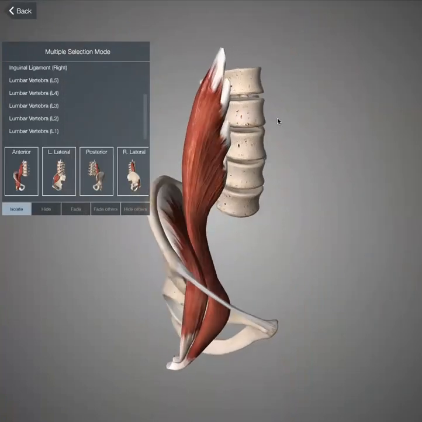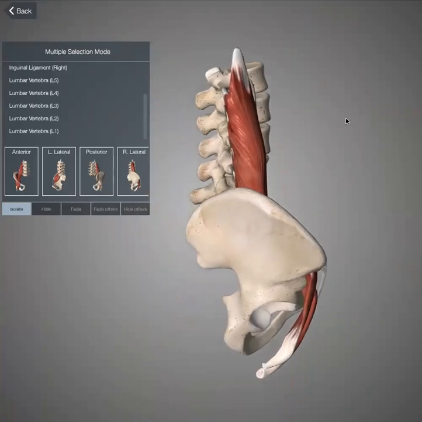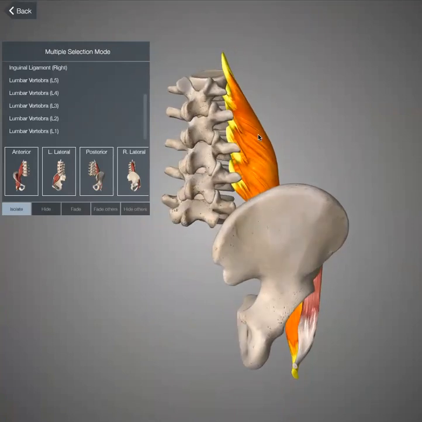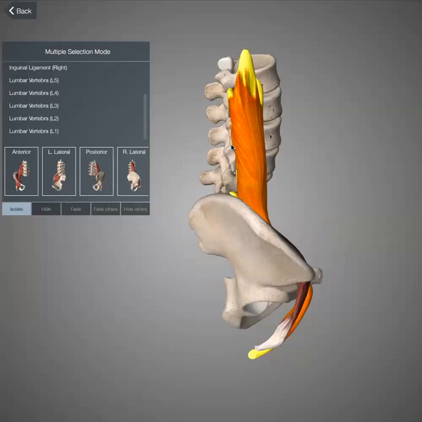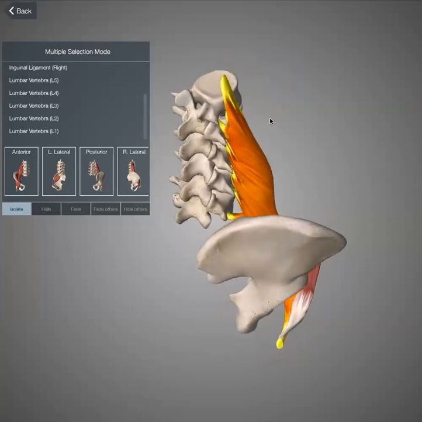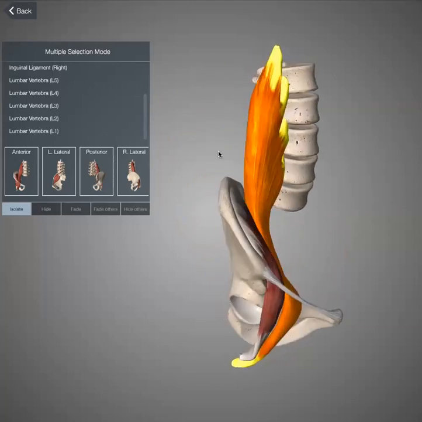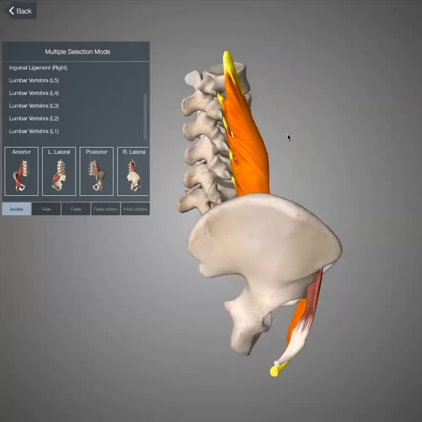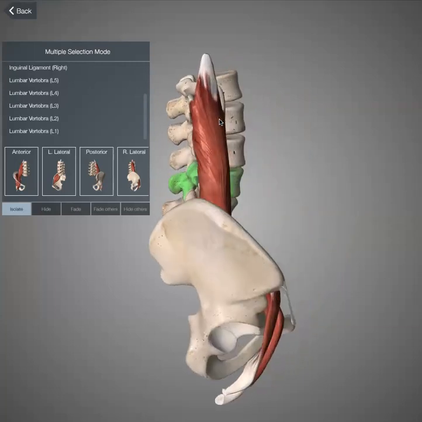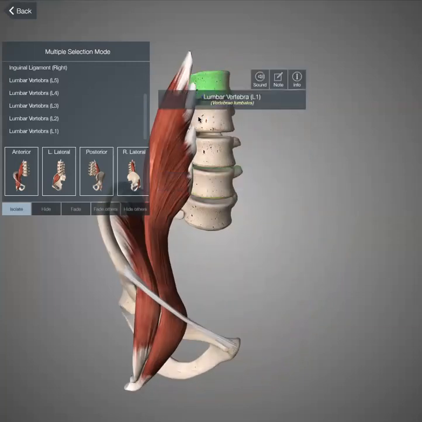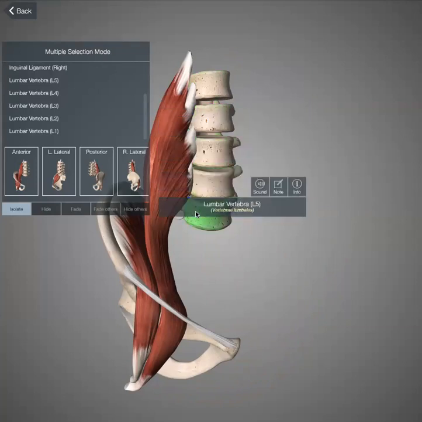So you can see through this that the psoas major originates from two different spots, as in it has two heads, the first head and the second head. The first head originates from the transverse processes of the lumbar vertebrae, and the second head originates from the lateral surface of the bodies of the lumbar vertebrae.